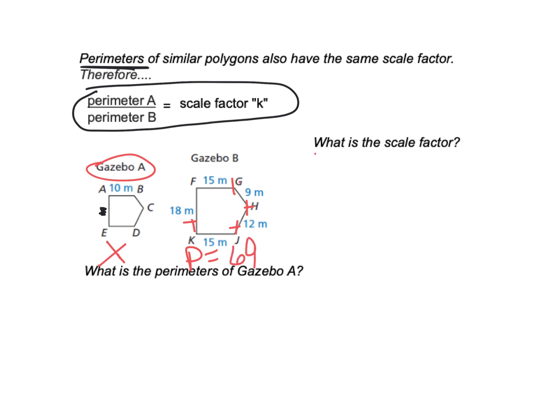How do we find our scale factor? Well, we take one side from gazebo A and the corresponding side from gazebo B, so our scale factor is 10 over 15. Notice I'm going from left to right. I'm going from the smaller one to the bigger one. And if we simplify that, our scale factor is going to be 2/3. I just took a 5 out of the top and the bottom on there.